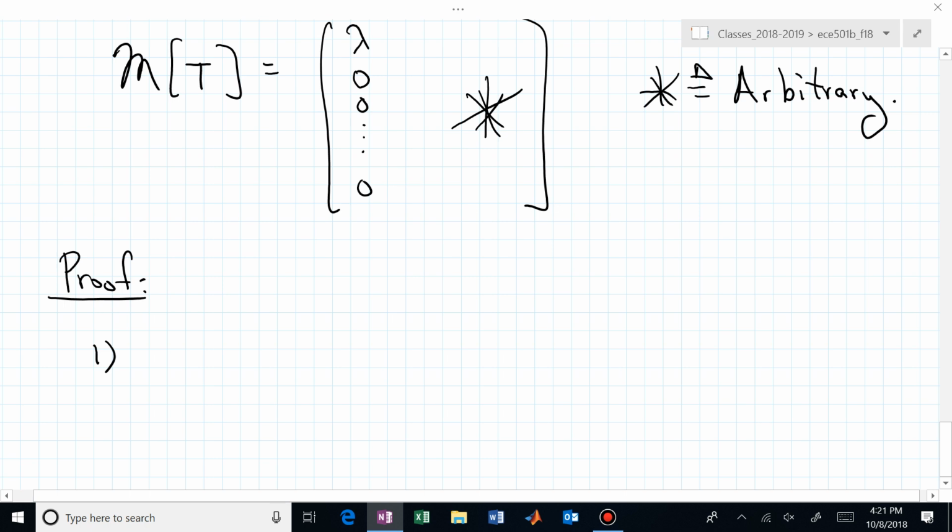we had a theorem that says every operator on a finite dimensional complex vector space has an eigenvalue.